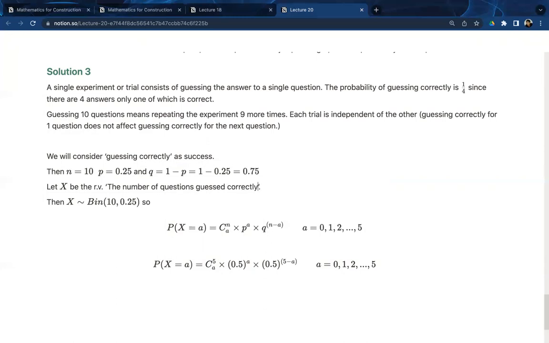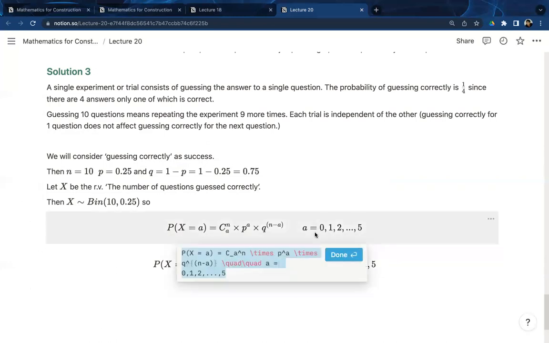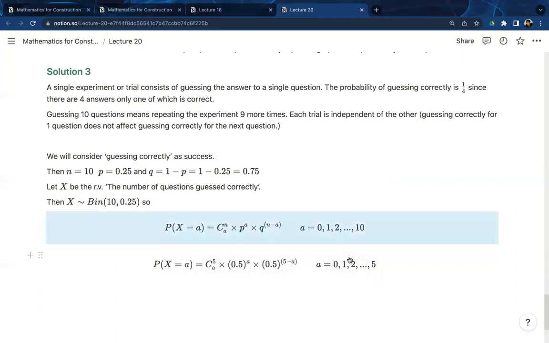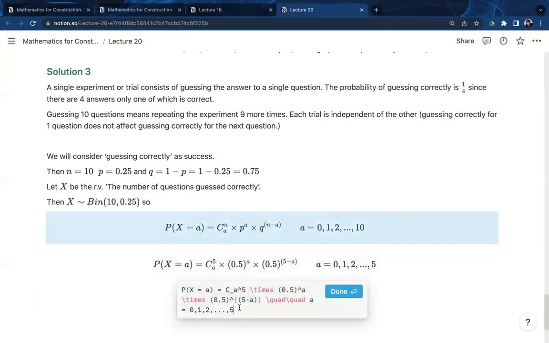So X is the number of questions guessed correctly, right? We can start from 0 and go up to 10. And this is the distribution here.